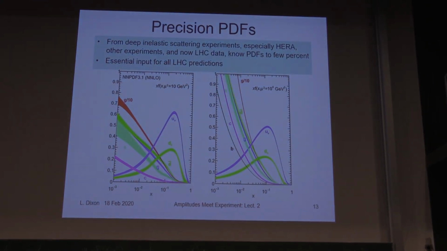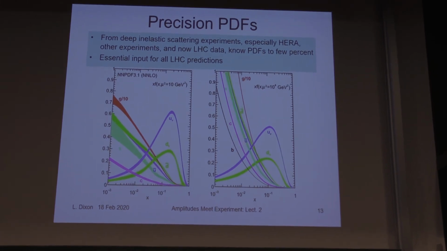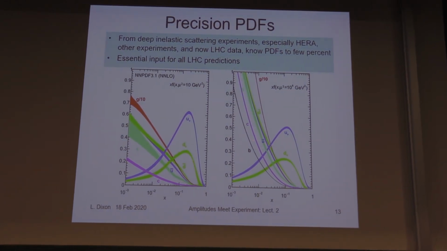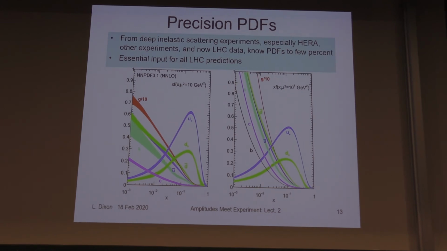And they notice that there's what we call the valence bump up here, UV. That UV means U minus U bar, and DV. And look, there's about twice as many U quarks as D quarks, valence, in the proton. And they show up at about 1/10, although the exact position of the bump depends on the scale.